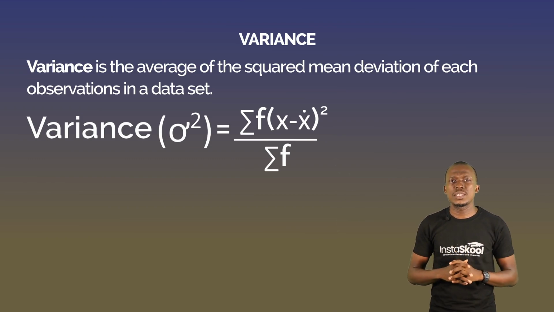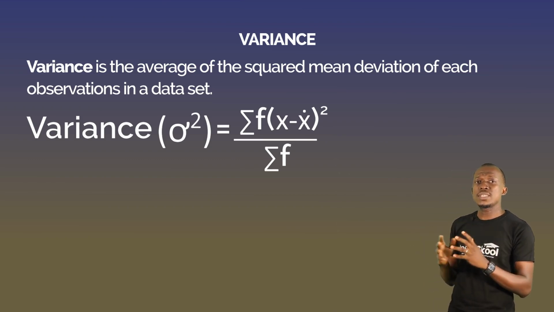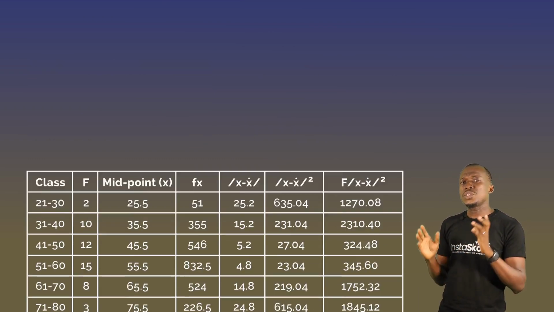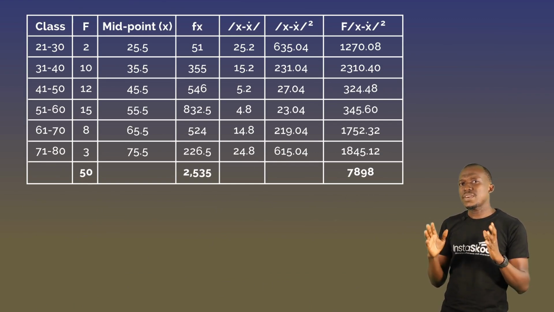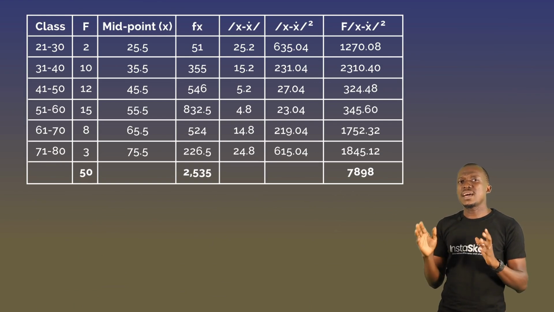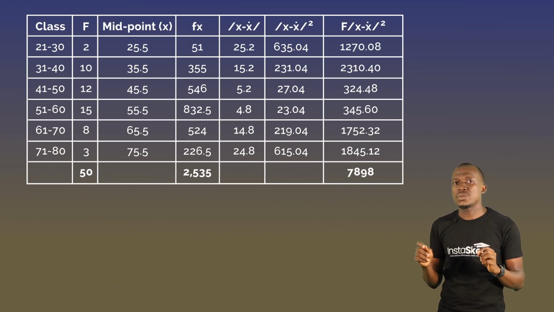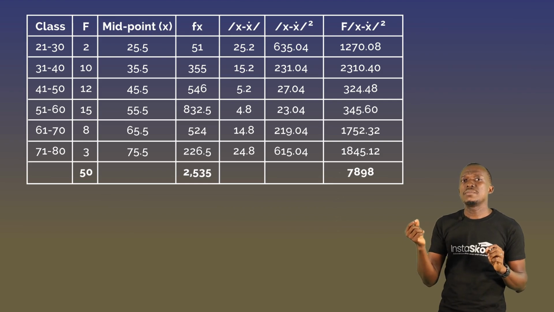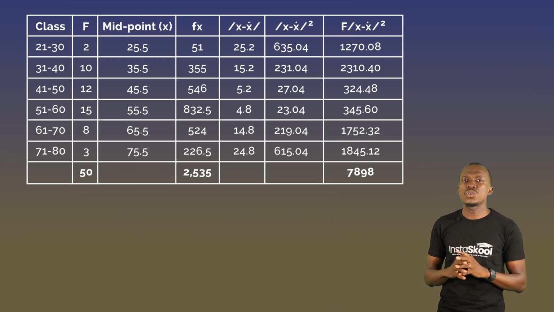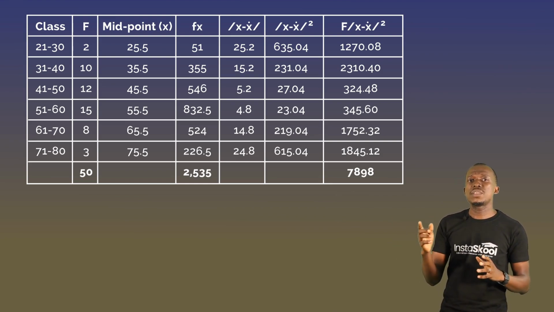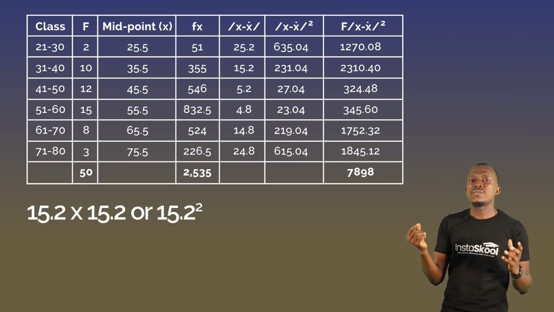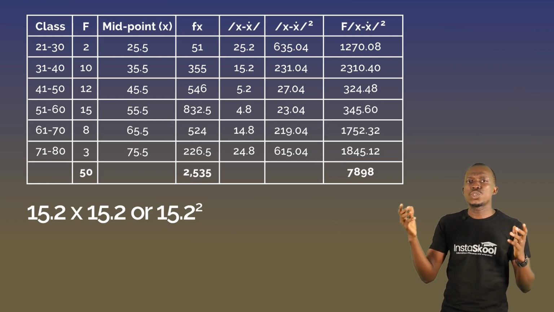So let's treat this example. Using the same data set that we have, we are just going to add two more columns. The first is immediately after our mean deviation, that is x minus x bar. We are going to square all our results. So from the first one, we do 15.2 times 15.2 or 15.2 raised to power 2.